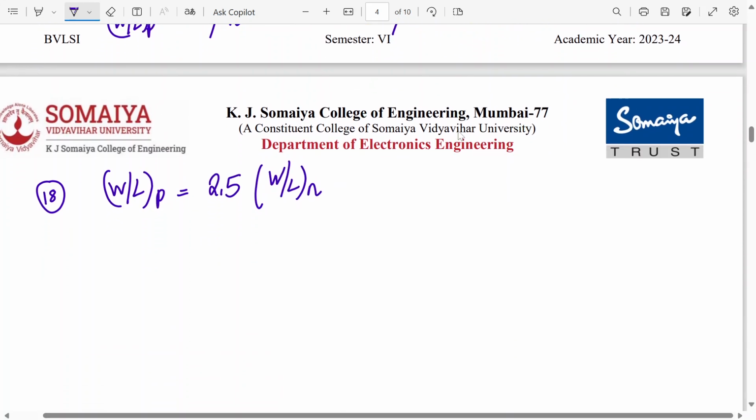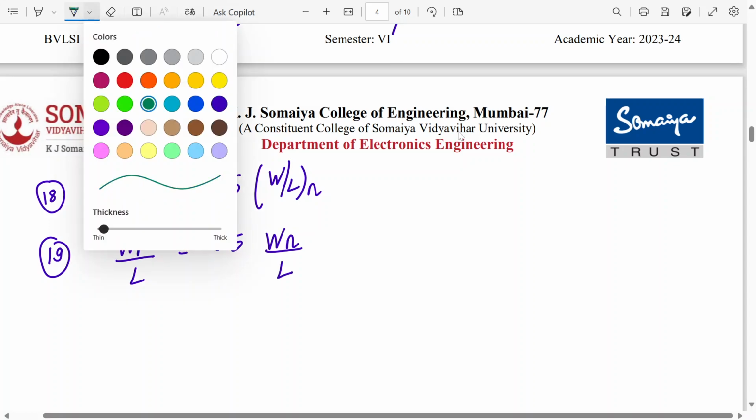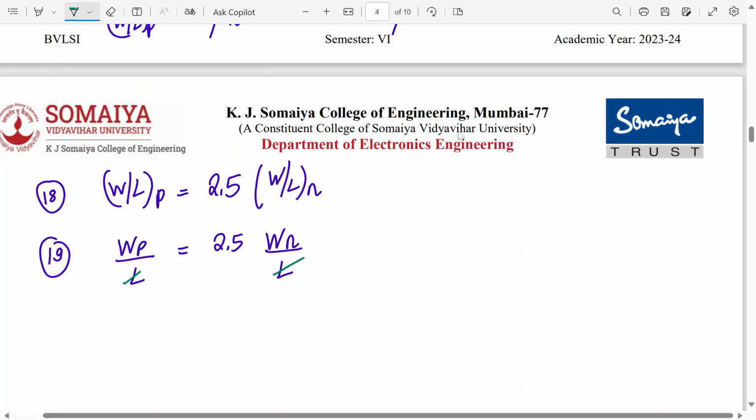And what I've said, basically L is a technological constant, so it's basically Wp upon L is equal to 2.5 times Wn upon L. L will remain constant, so we'll cancel it out from here because it is same for both NMOS and PMOS.